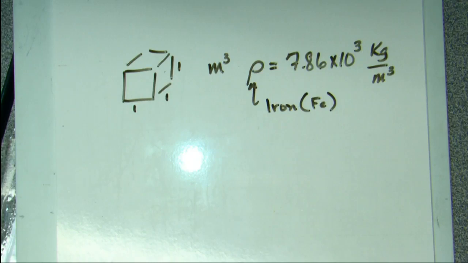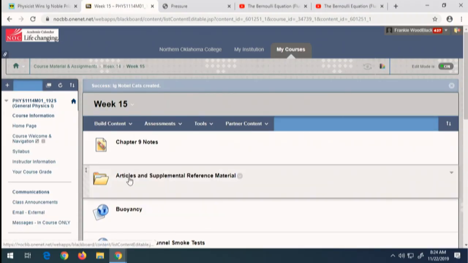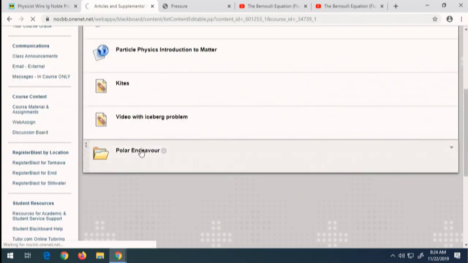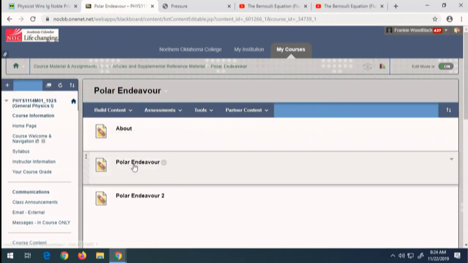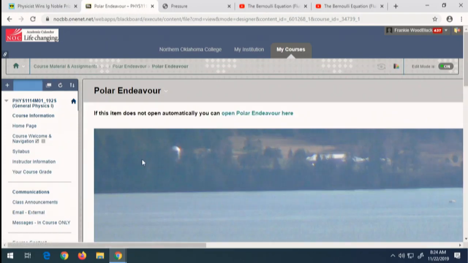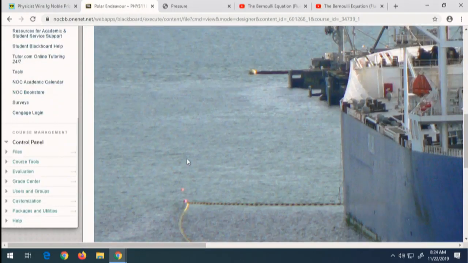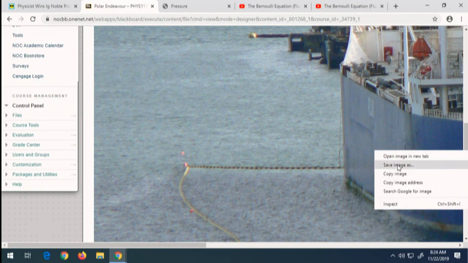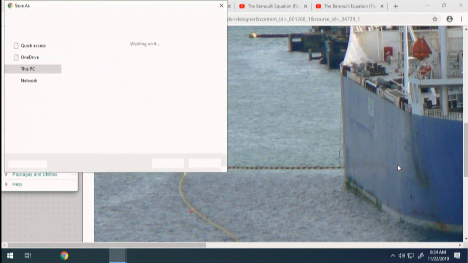So I'm going to tempt fates and go back and forth. This is going to be an interesting day. Okay, let's see if I can bring it down a little bit.